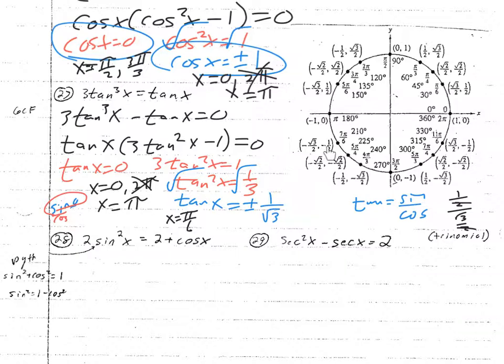Then I'm going to have negative over negative, 1 over the square root of 3, positive at 7 pi over 6, and then again at 11 pi over 6. So I will have, adding in here, 5 pi over 6, 7 pi over 6, and lastly 11 pi over 6.